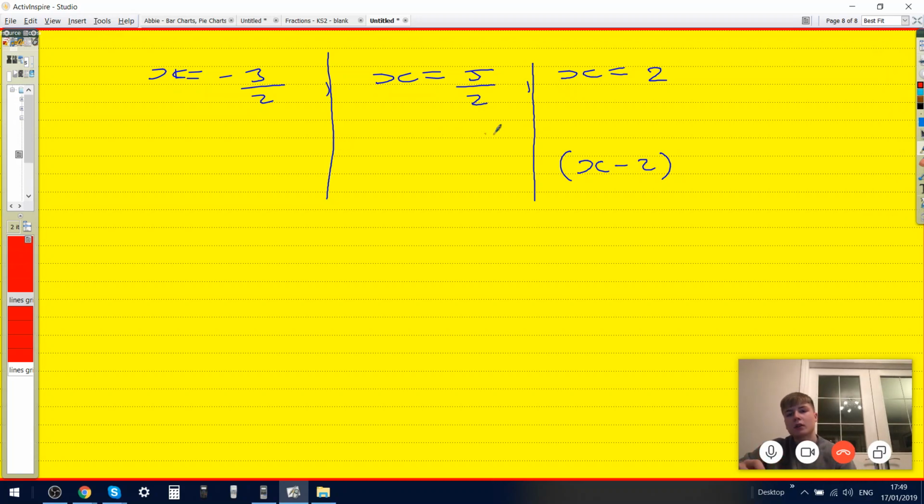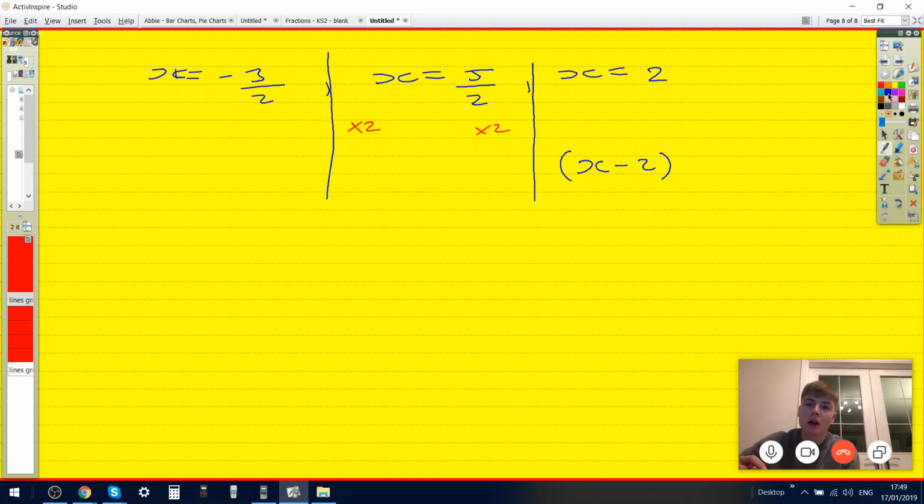I'm stuck. To get rid of a fraction, you'd times everything by the denominator. Right. So times both sides by 2. What do you get there? You get 10 over 4. And what is, well, 2 is just the same as 2 over 1.